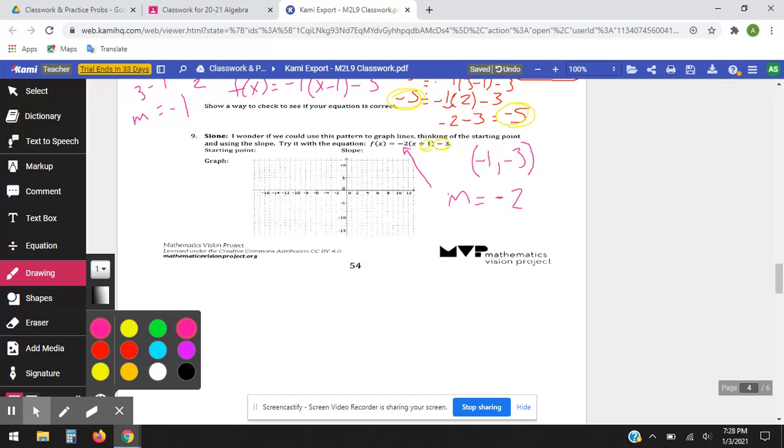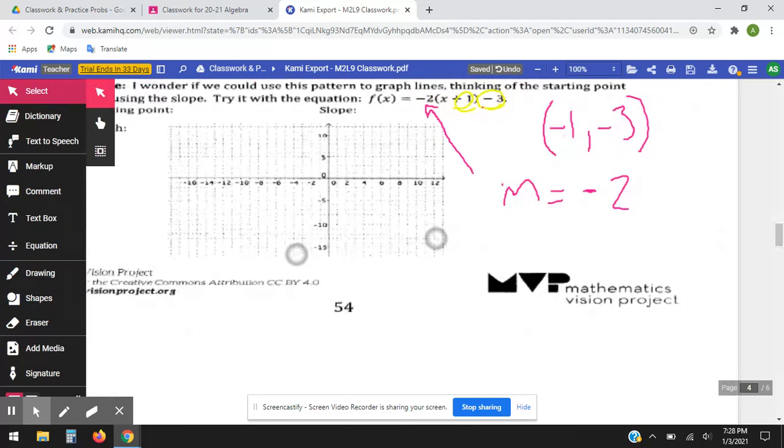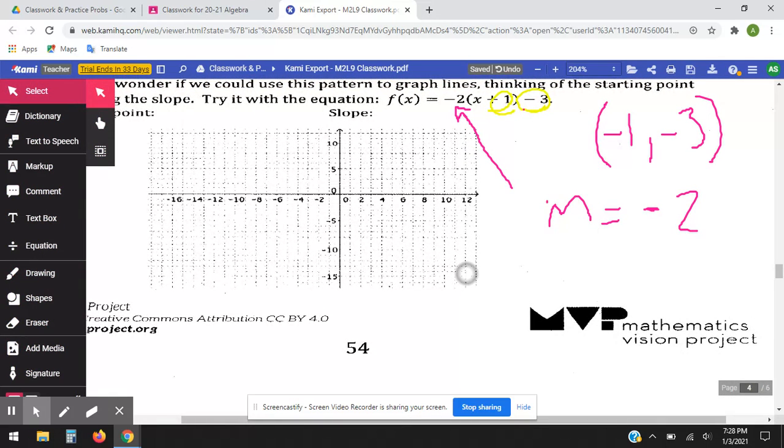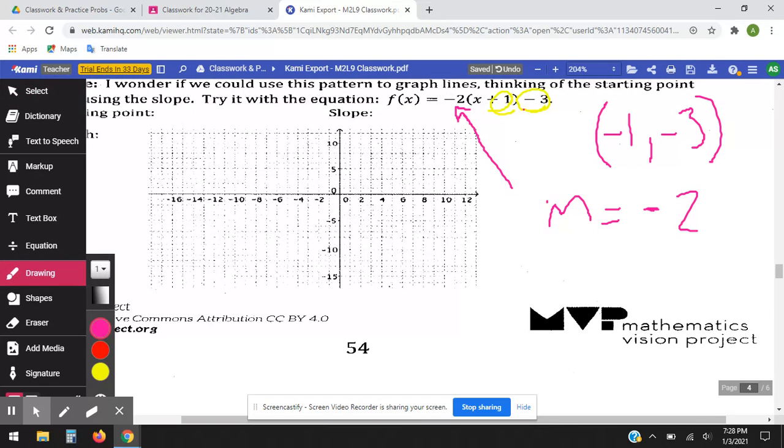So -1, I am going to make this a little bigger so I can see this here quick. All right, so my point is -1 comma -3, so right about here. And its slope is -2, so I'm going to go down 2 over 1, which means it's going to go from 3 to 5, 5 to 7, 6, 7, 8, 9 would be about right here.